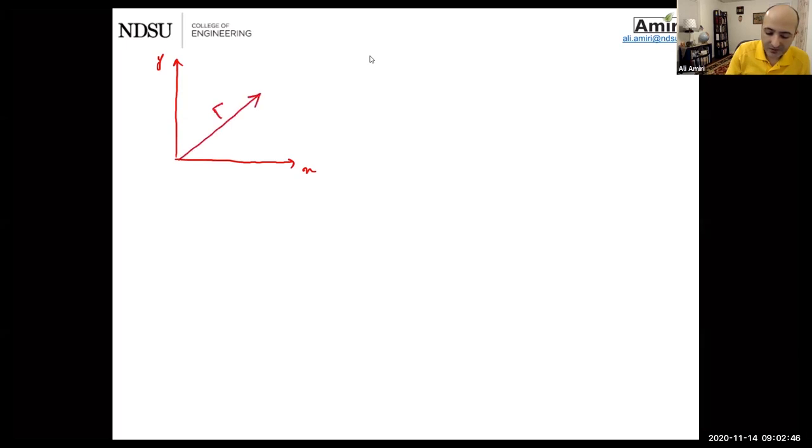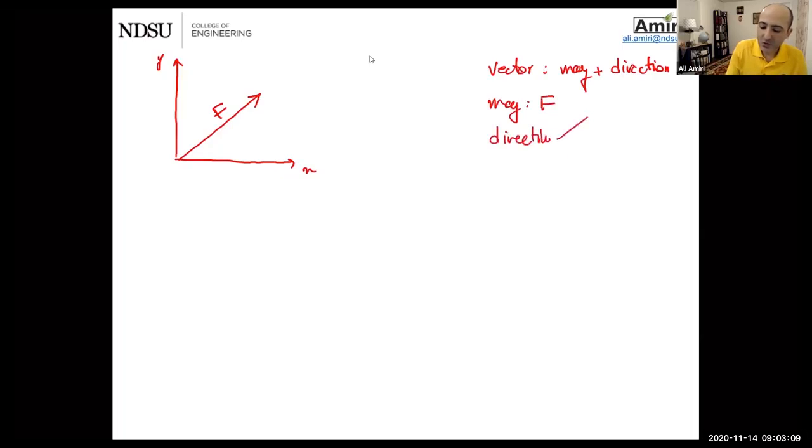Vector F: a vector is something that has a magnitude and has a direction, and we have to know both of those to fully define a vector. The magnitude here is F. For direction, there are usually 2 ways of showing it: an angle with one of the axes, or what we call a slope triangle.